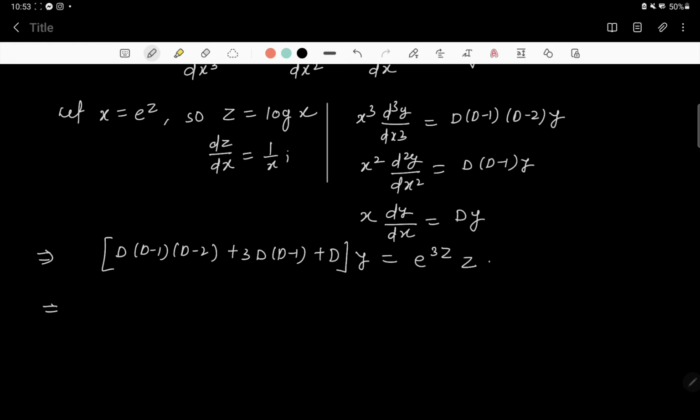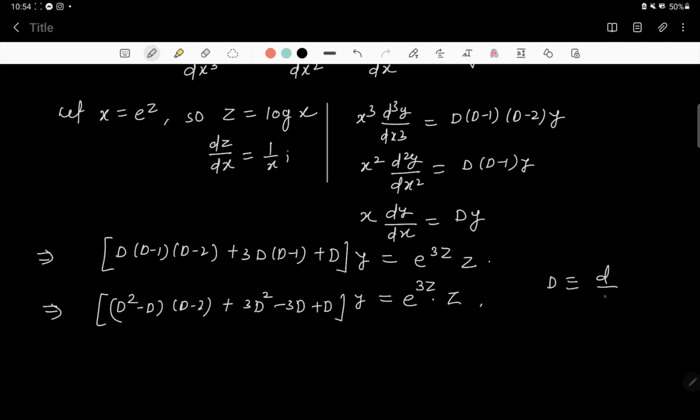This will be D square minus D, minus 2, plus 3D square minus 3D plus D of y is equal to exponential 3z into z, where D stands for d by dz.